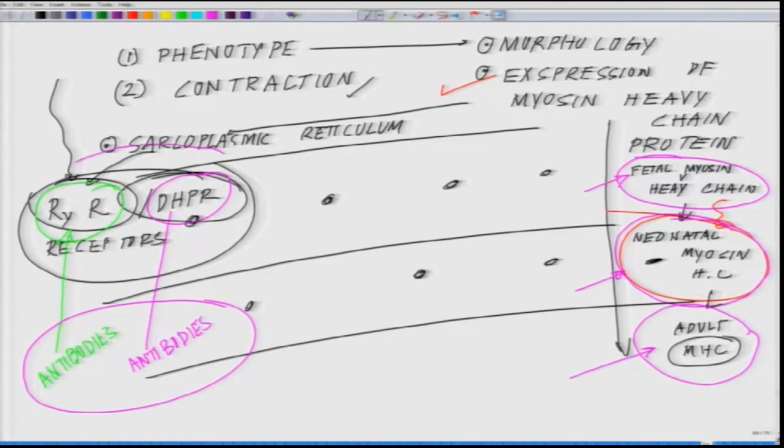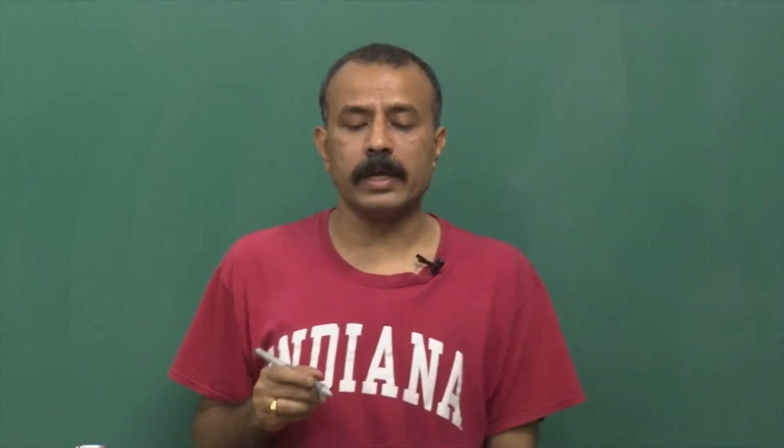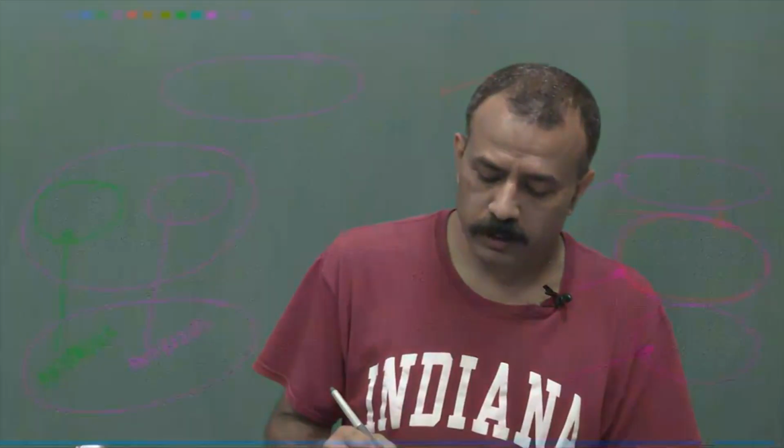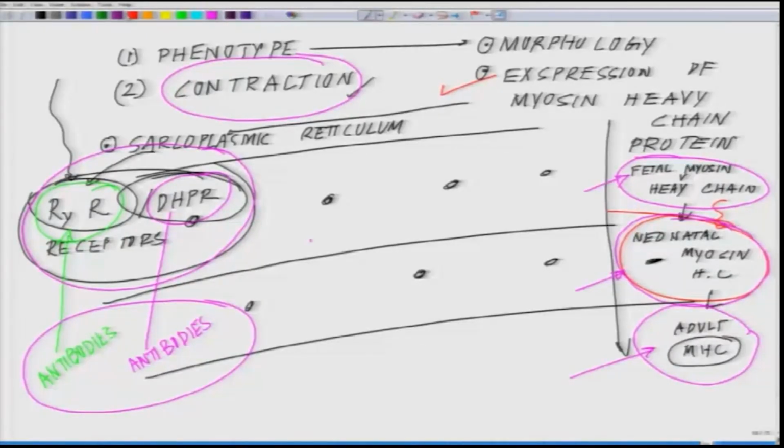You need antibodies against DHPR and ryanodine receptors, and you should be able to see the physical contraction, plus using electrophysiology techniques you should be able to see the action potentials generated by the muscle cells, action potentials by myotubes.